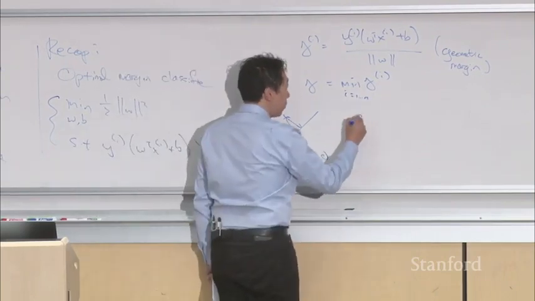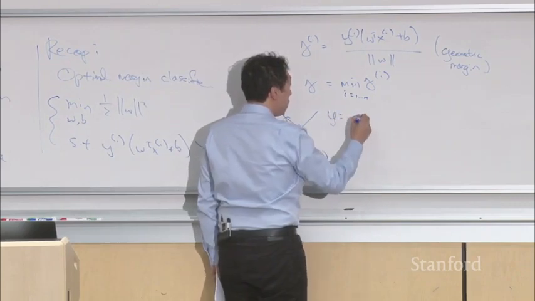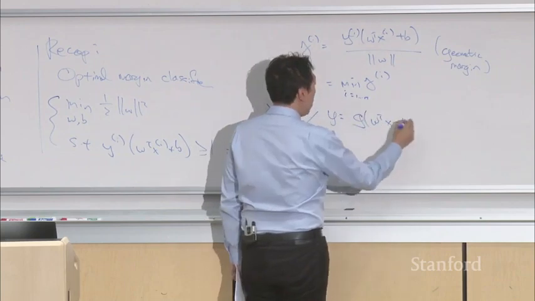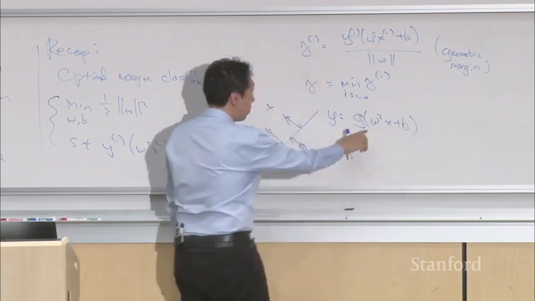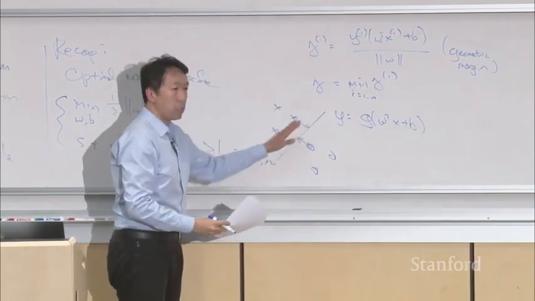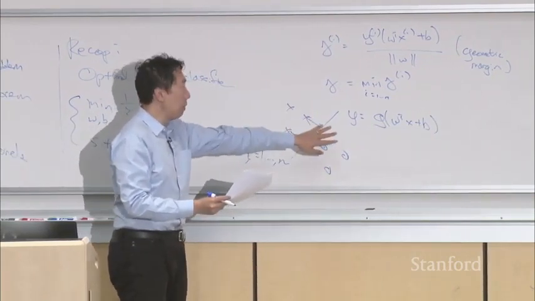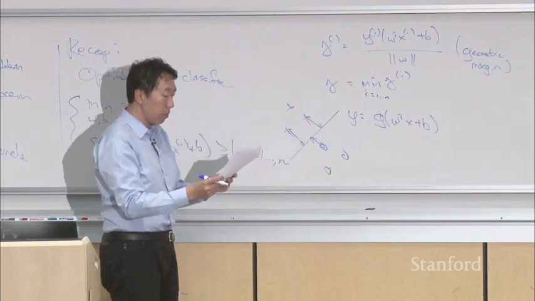Again, as a recap, your classifier will output g equals w transpose x plus b. So you want to find parameters w and b that define the decision boundary, where your classification switches from positive to negative, that maximizes the geometric margin.